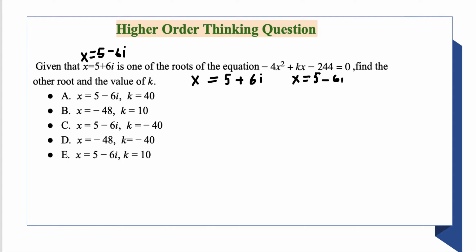Now, if I want to find the factors, I move the 5 and minus 6i to the other side, so I'm taking a shortcut, and they change the sign. So x minus 5 minus 6i is equal to 0.